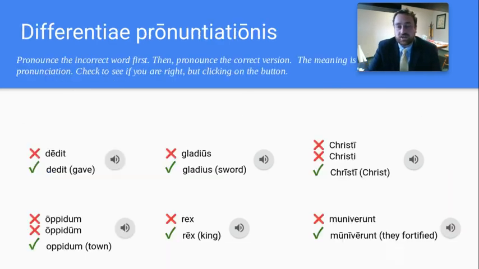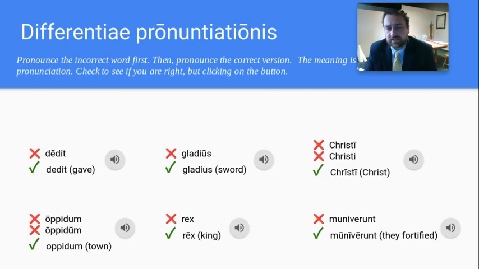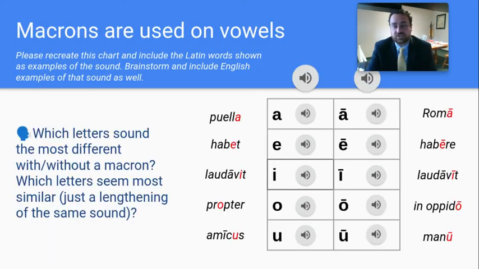With ecclesiastical pronunciation, the vowels started to all kind of get lengthened. So it's not that you never hear any short vowel sounds in ecclesiastical pronunciation, but all of them started to just shift a little bit towards the lengthening.